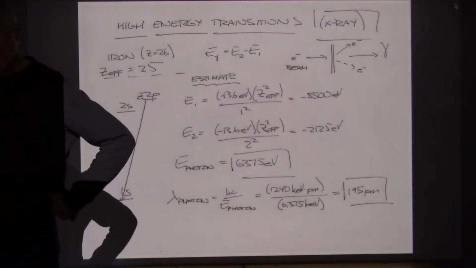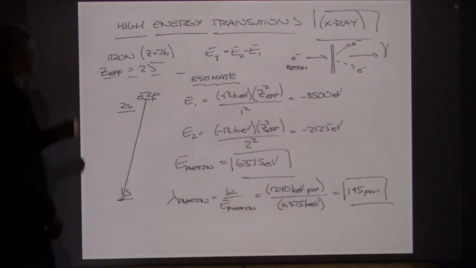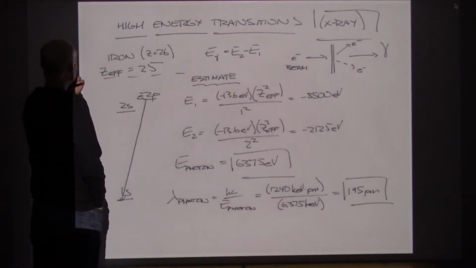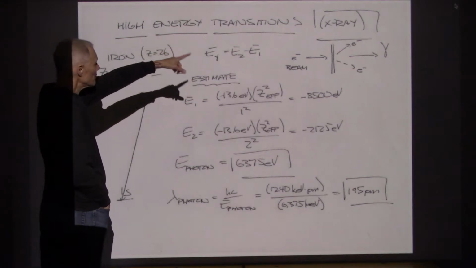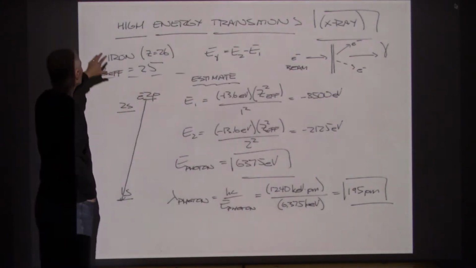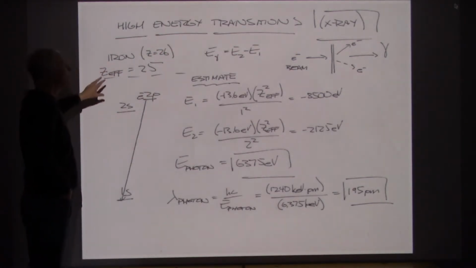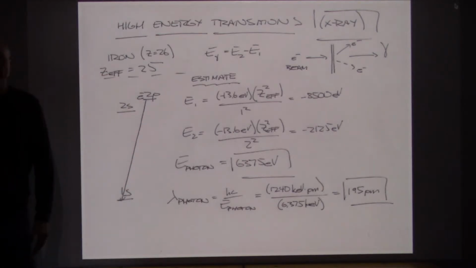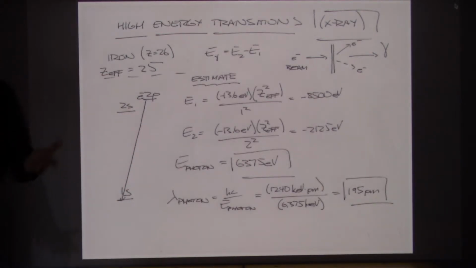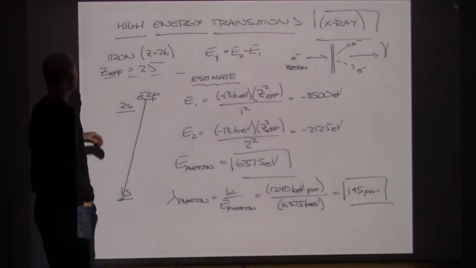Okay, let's take a look at some X-ray transitions. So what we're going to do is we're going to take a look at not hydrogen. We've talked about hydrogen a lot. We've used hydrogen to develop the whole periodic table story. Let's move on. Let's look at some heavier elements and ask what has happened.